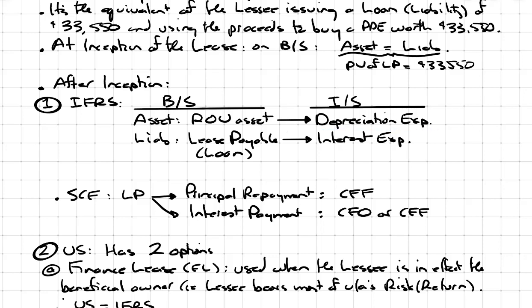So it recognizes depreciation expense, again, just as if it had actually purchased this asset. On the other hand, because the lessee is deemed to have issued a loan in order to purchase the asset, well, anytime a company has a loan, it's going to have interest costs to go with it.